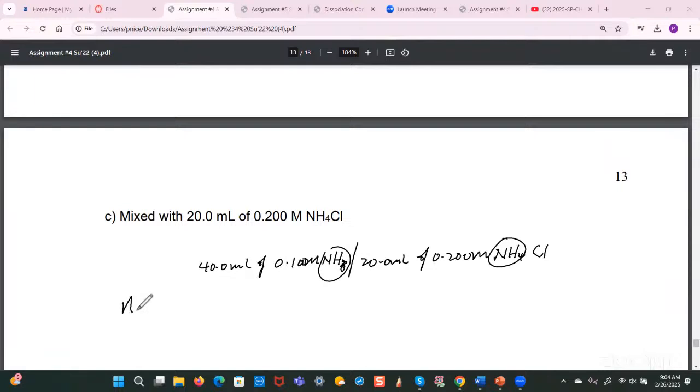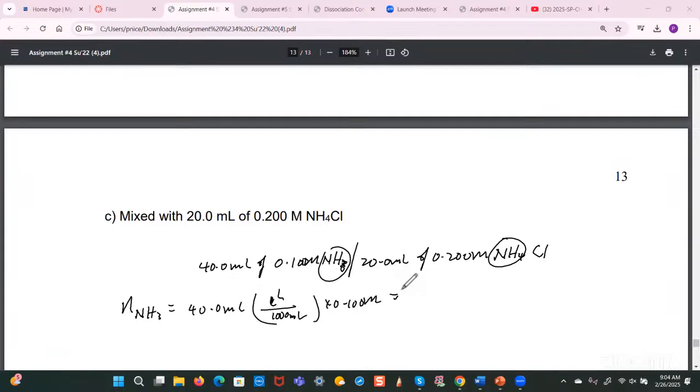Number of moles of ammonia would be equal to 40.0 mL, which you have to convert to liters, 1 liter over 1,000 mL, times 0.100 M, right? And what does that give? 40 divided by 1,000 times 0.100.